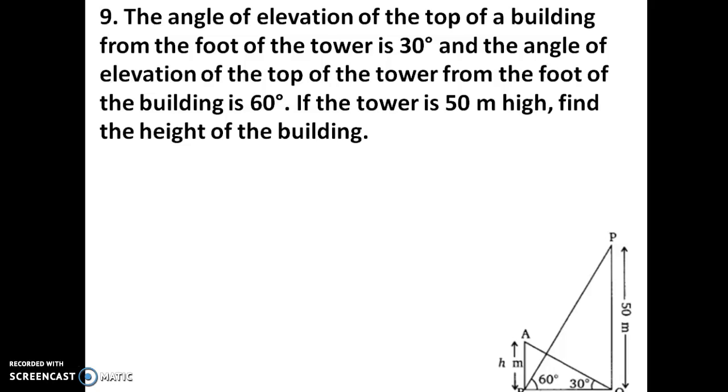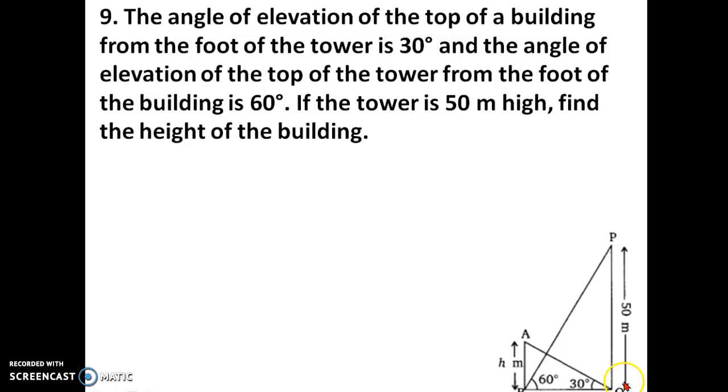Then ninth problem. The angle of elevation of the top of the building from the foot of the tower is 30 degree and the angle of elevation of the top of the tower from the foot of the building is 60 degree. If the tower is 50 meter high, find the height of the building.